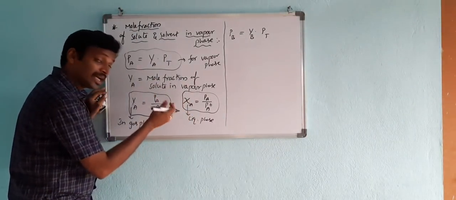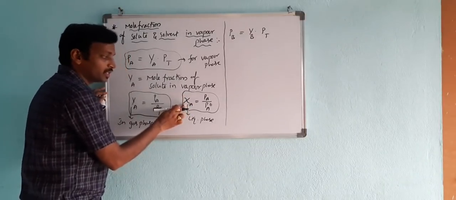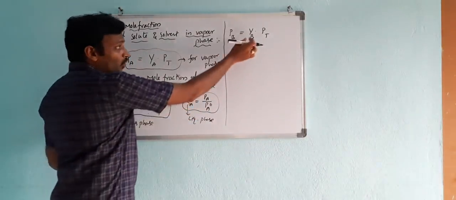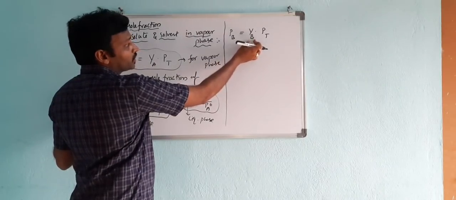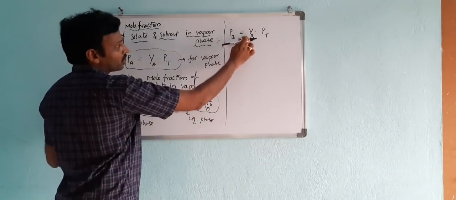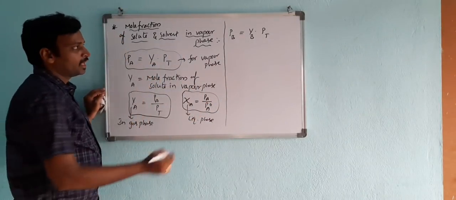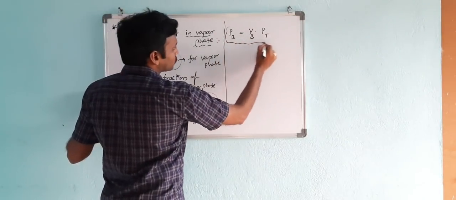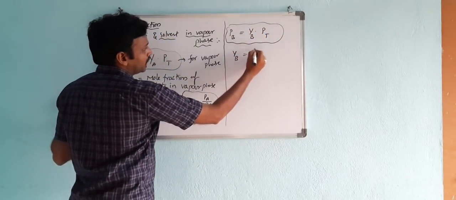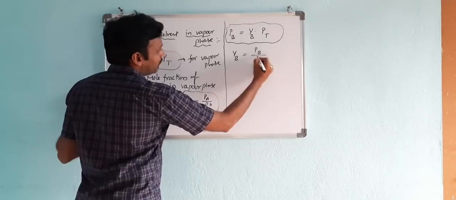No, vapors you have and liquid molecules also here you have. That's why we call it liquid phase here. But only vapor phase particles you are considering here in mole fraction of B or mole fraction of A. So here PB is equal to YB into P total. Suppose YB is asked, then PB by P total.